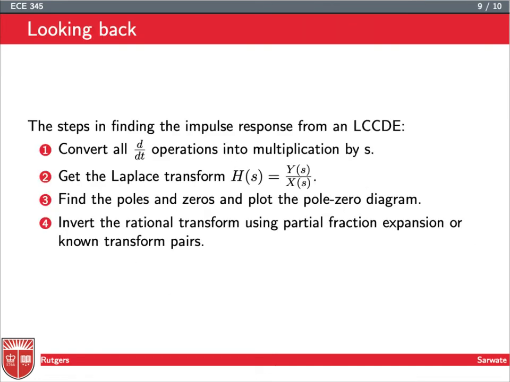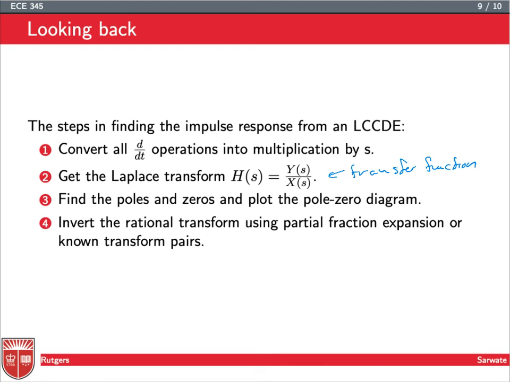So just taking a step back and looking at the steps that we took here, given a linear constant coefficient differential equation, first you convert all the d/dt operations into multiplication by s, and then generate the Laplace transform H of s equal to Y of s over X of s. So this is a transfer function. And then we want to find the poles and zeros and plot the pole zero diagram.